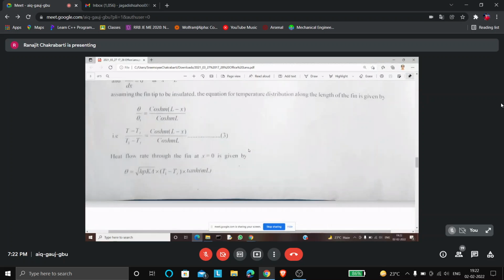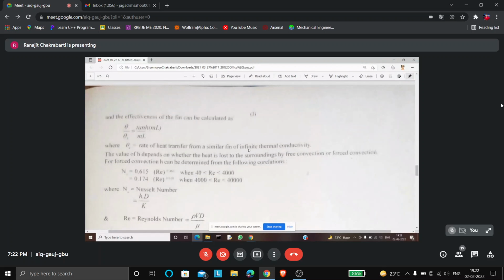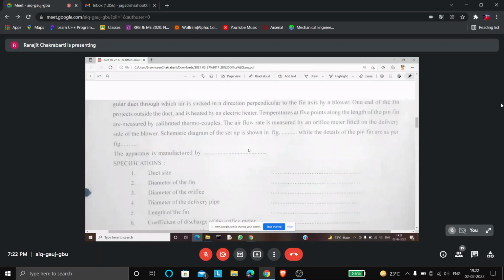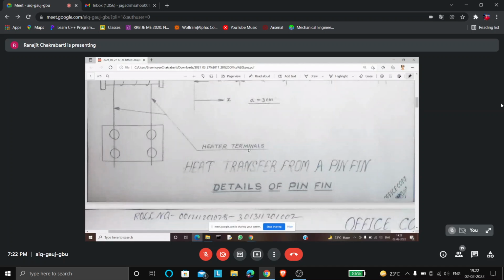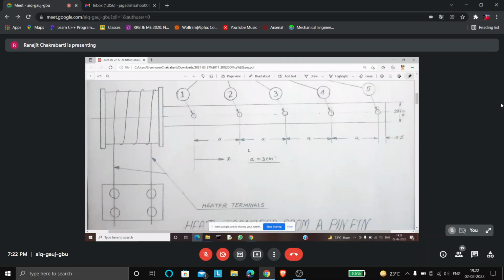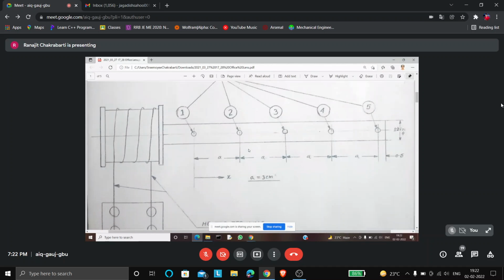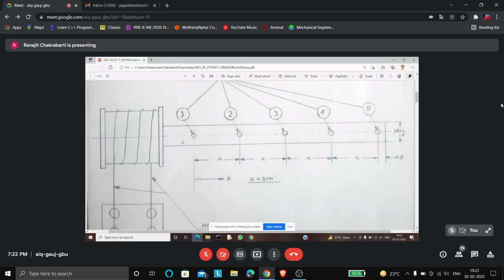I want to explain it through a diagram. In our case, the fin is like this. This is the fin. This is a rod basically. A rod having a diameter of 1.27 centimeter. That means a half inch diameter.